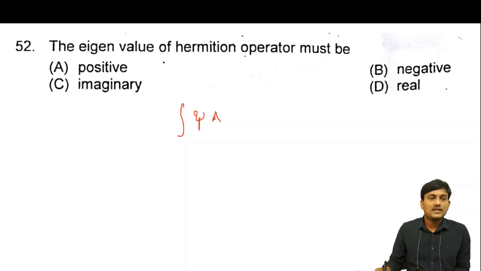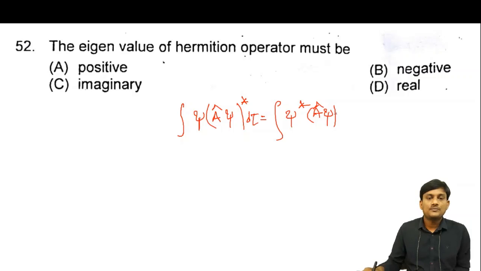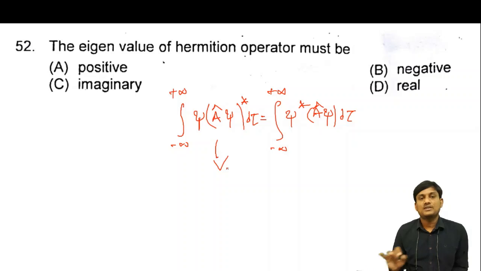The integral of psi star, operator A psi, should be equal to the integral of operator A psi star, psi, where the volume element is d tau, with limits from minus infinity to plus infinity. If this relation is satisfied, then the operator can be called a Hermitian operator.